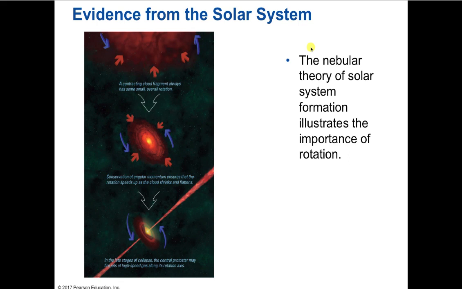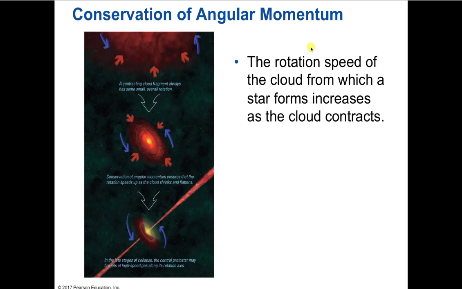The cloud is going to contract and get smaller, and because of the random motions of the gas as it collides, the cloud is going to flatten and spin faster. The rotational speed increases because of something called conservation of angular momentum. This cloud originally had some rotation, but as it gets smaller and smaller, it rotates faster and faster. So it's like an ice skater.